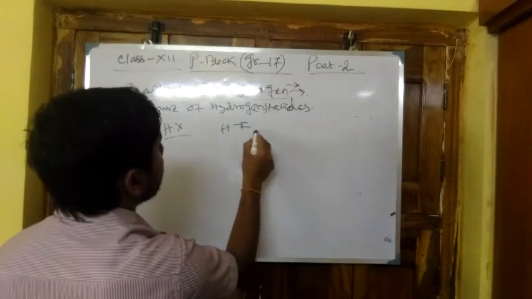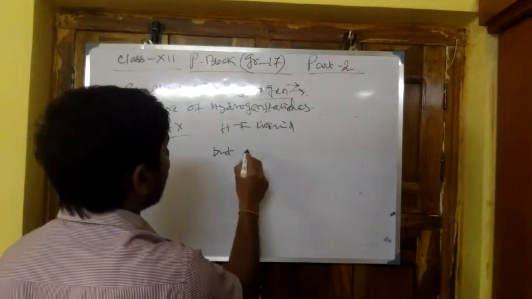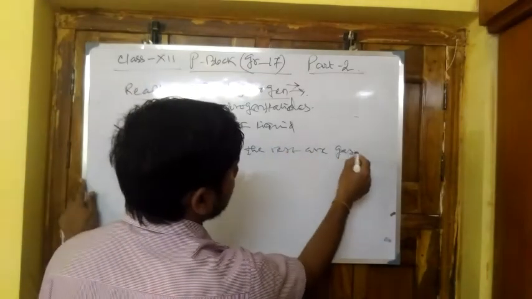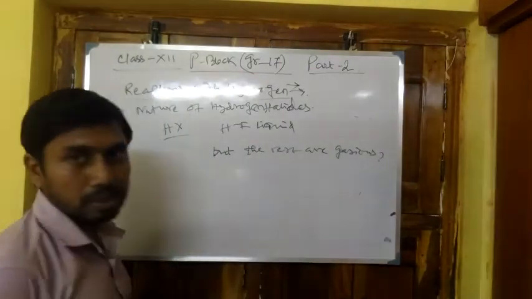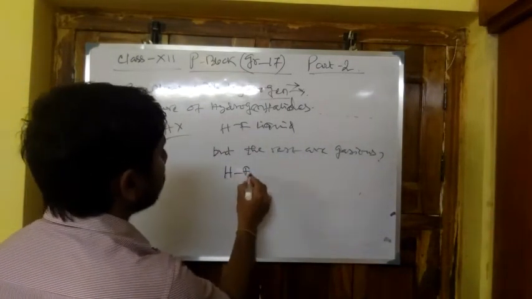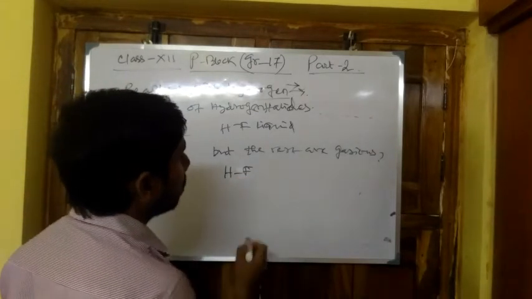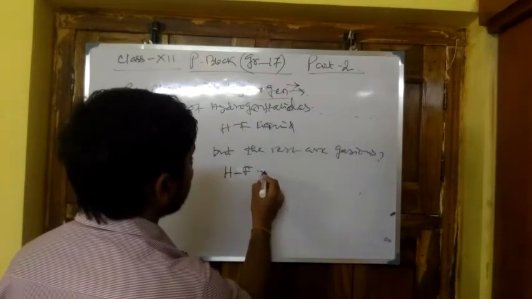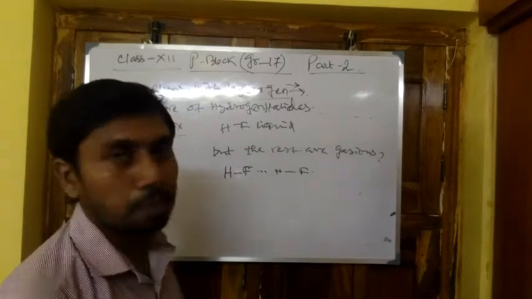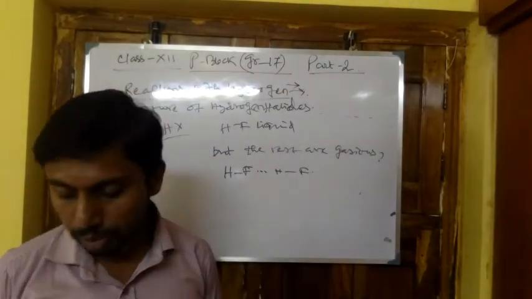HF is liquid, but the rest are gaseous in nature. Why is HF liquid? We know hydrogen bonding, and as there is a large electronegativity difference between H and F, the maximum hydrogen bonding occurs here. So intermolecular hydrogen bonding is responsible for the property of HF to become a liquid.